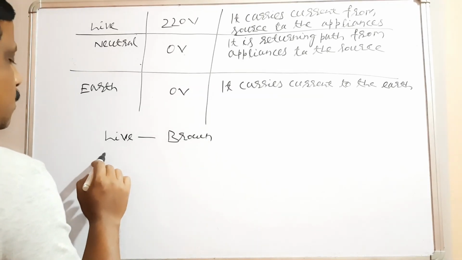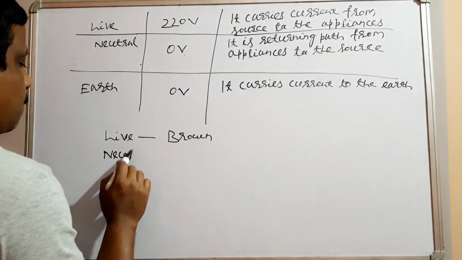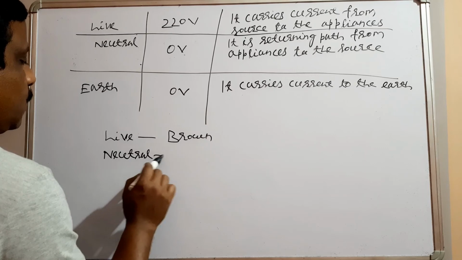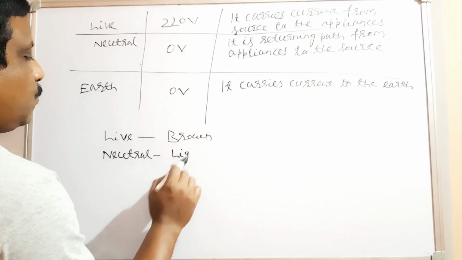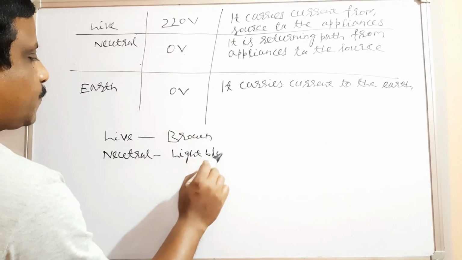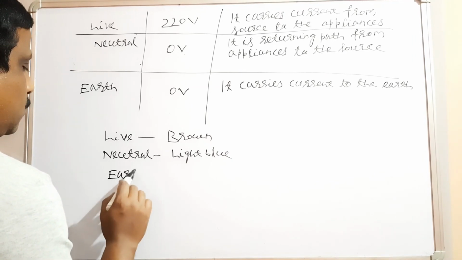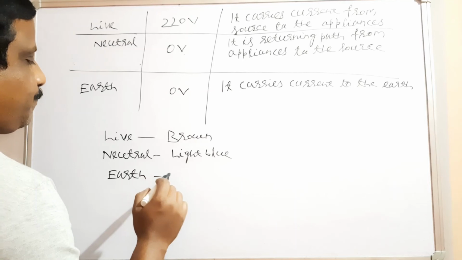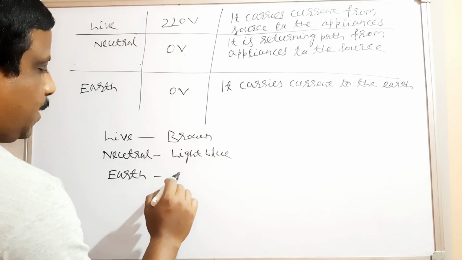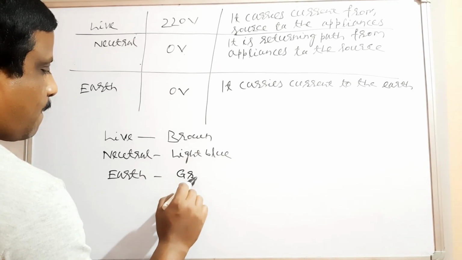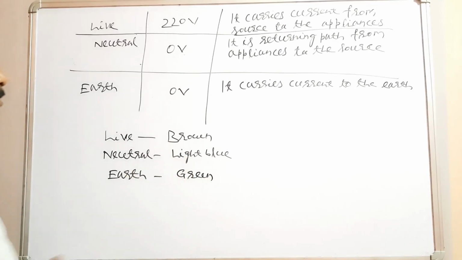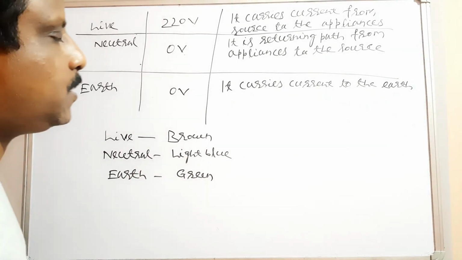And here the neutral wire color is light blue. And here the earth wire color is green. Understood? The three wires, three different colors.